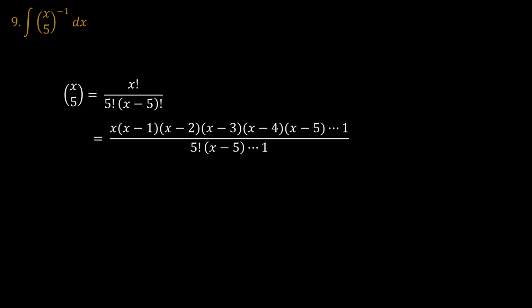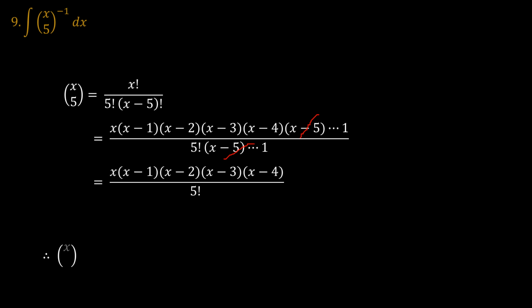So these cancel with the x minus 5 all the way to 1 in the numerator, and we get x times x minus 1 times x minus 2 times x minus 3 times x minus 4 over 5 factorial. So the inverse now becomes 5 factorial over x times x minus 1 times x minus 2 times x minus 3 times x minus 4.